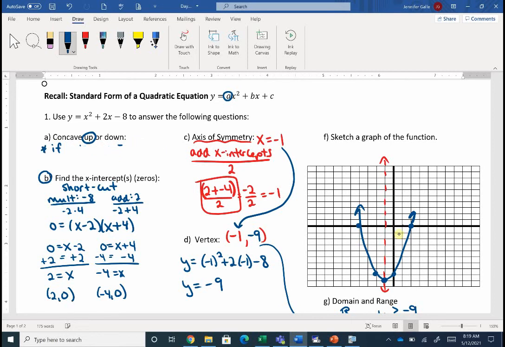Let's put it right up here by A. If A is negative, that equals reflection. If A is negative, so if the number in front of x squared is negative, we're going to get a reflection, same as we would have in vertex form. And in vertex form, that was also an A when we did just our generic notes for that. So this is going to be up.